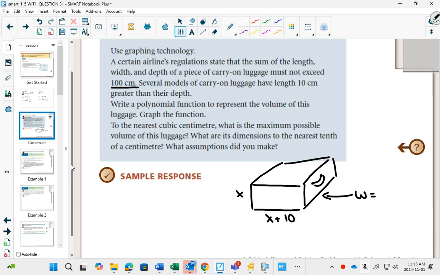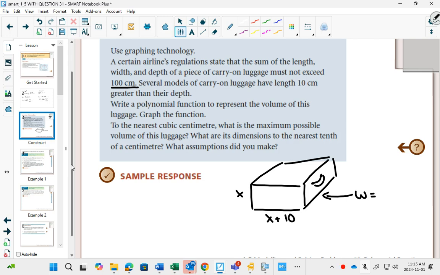So what I'm doing right now is I'm showing you that if I gave you numbers, you know how to do this. If I tell you I want W in terms of X, if this is X and this is X plus 10, how much is your width? Scary question.